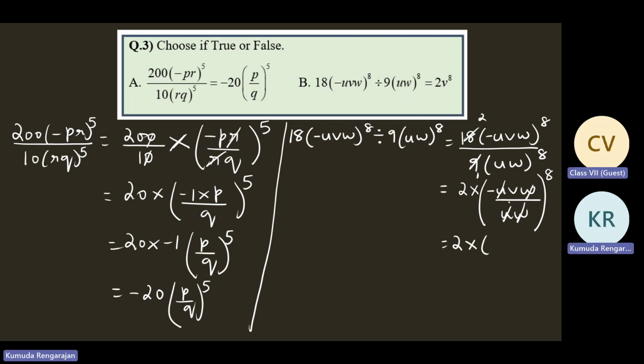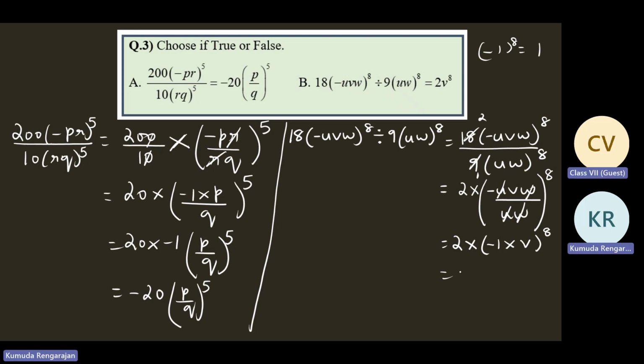And minus 2 into what is remaining? Minus V, right? Now, how will you write minus V? You'll write it as minus 1 into V, the whole power 8. Now, what is minus 1 to the power 8? 1.